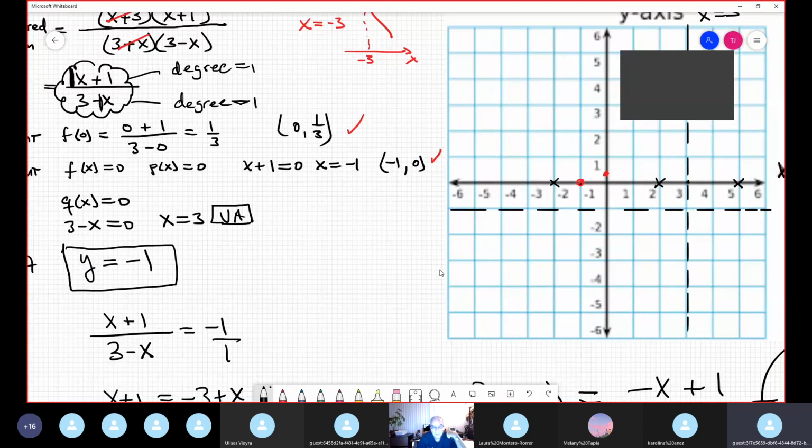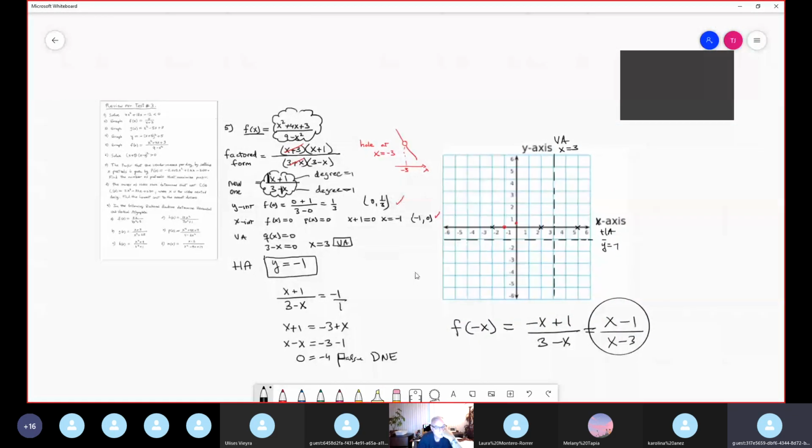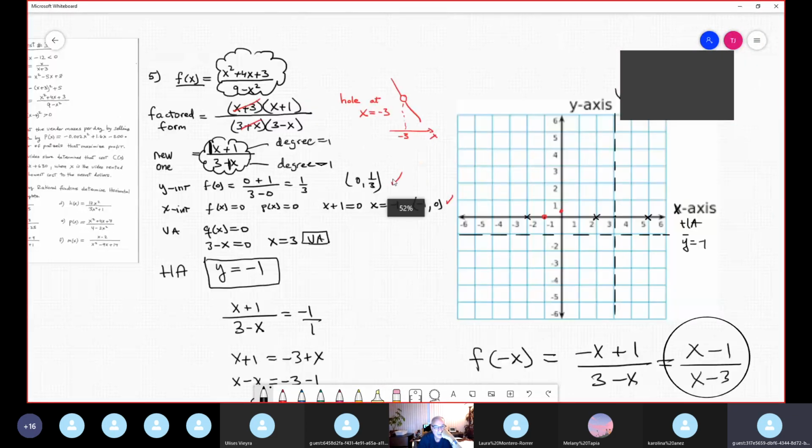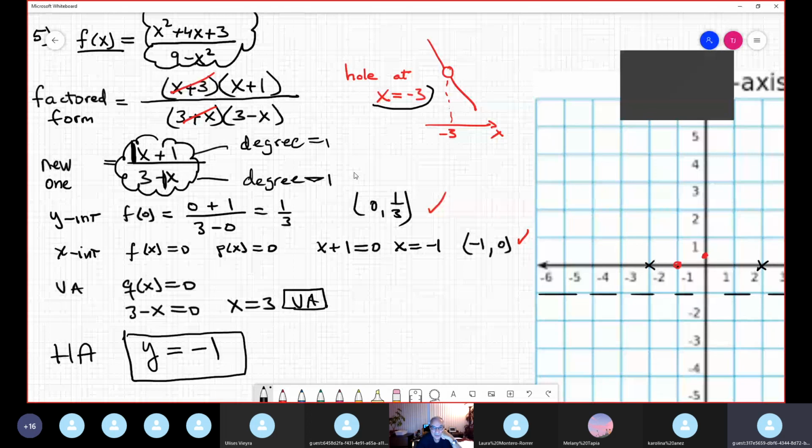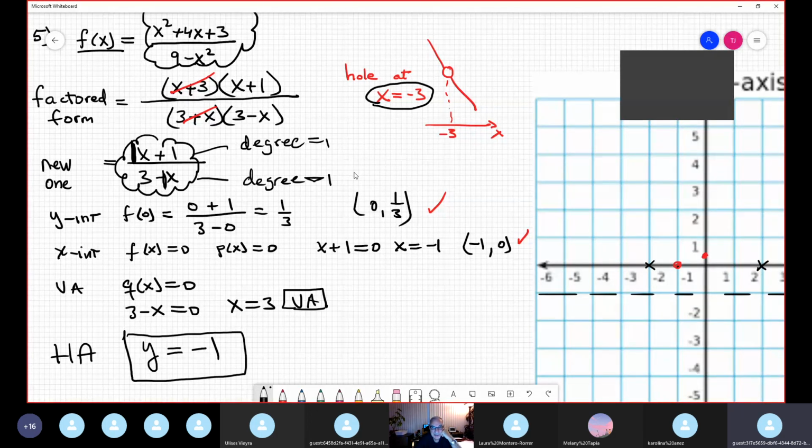Okay, good. The hole is located, we discover in one moment of the time, at x equal to 3. So now, to locate specifically the hole inside the rectangular coordinate system, we need the y value. I know that in the original case the y value is undefined.